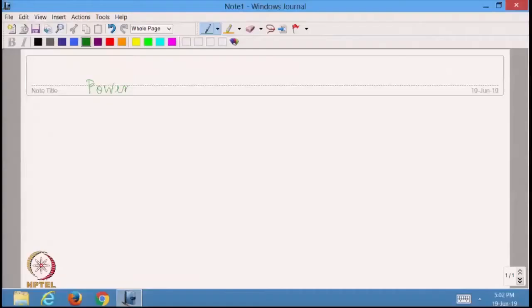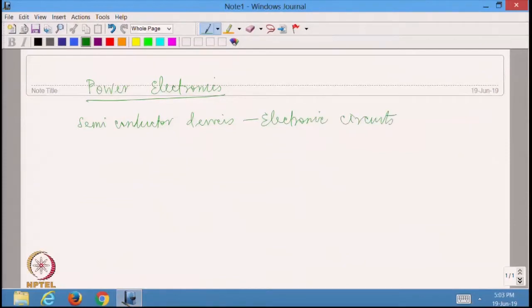Okay, so we are going to start the course on power electronics. I am sure all of you know what electronics is. Electronics basically has semiconductor devices which control electronic circuits. Whereas if you look at power electronics, you should know the applications.